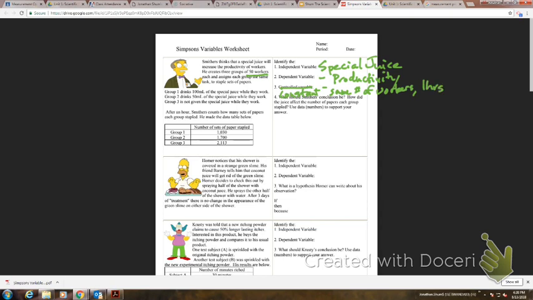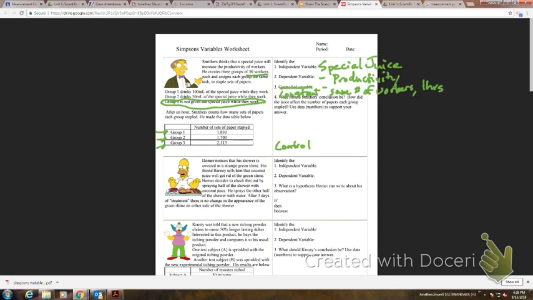All right. Now, before we do number 4, I also want you to know that there needs to be a control group. Remember, the control group is what you're comparing everything off of. So if you look at group 1, group 2, or group 3, which one is the control group here? Which one is kind of the normal? Well, remember, the thing he wants to change is the special juice. He wants to see if the special juice increases productivity. But if you'll notice, group 3 is not given the special juice.